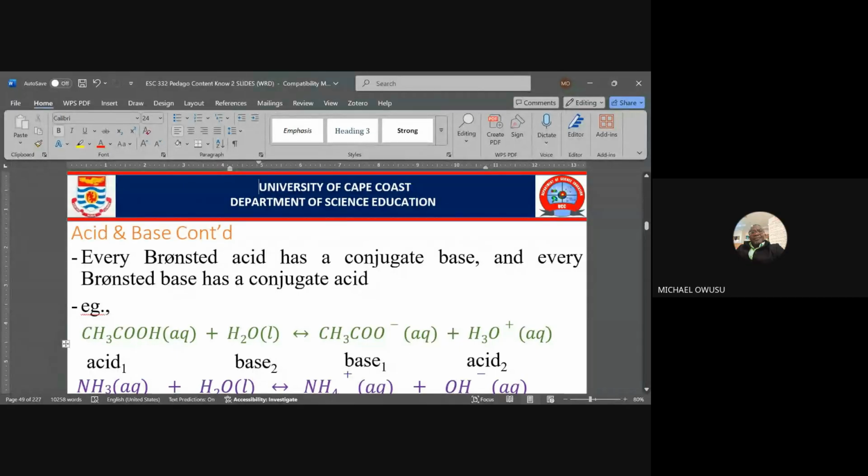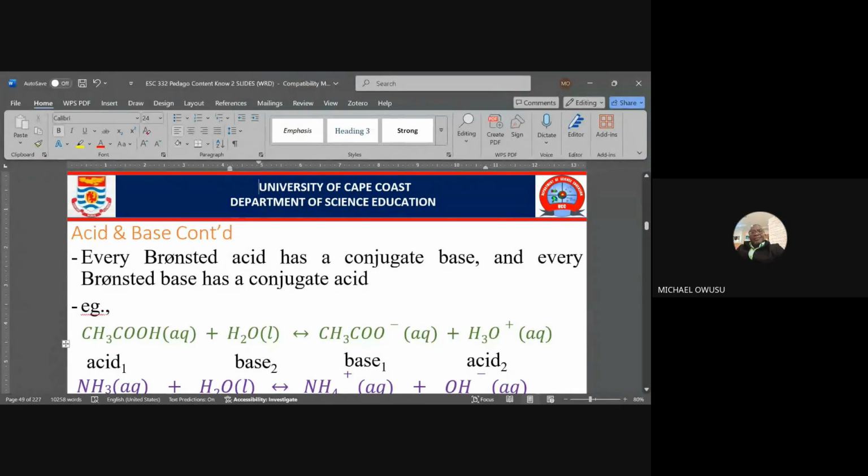So you see, a proton acceptor is what, according to Bronsted-Lowry? It's a base, isn't it? So that ammonia there is a base. Its conjugate acid then becomes the ammonium ion. Are you getting it?